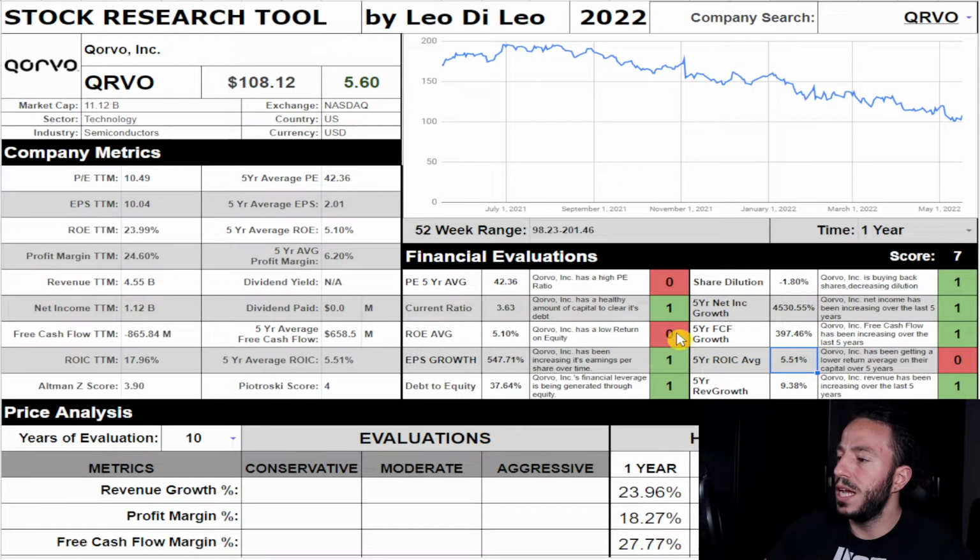Low return on invested capital, low return on equity average, and not so much of a decent PE average for a 5-year average, but the trailing 12 months is down. It is low. And look at this: huge net income growth, huge free cash flow growth, huge 5-year revenue growth.